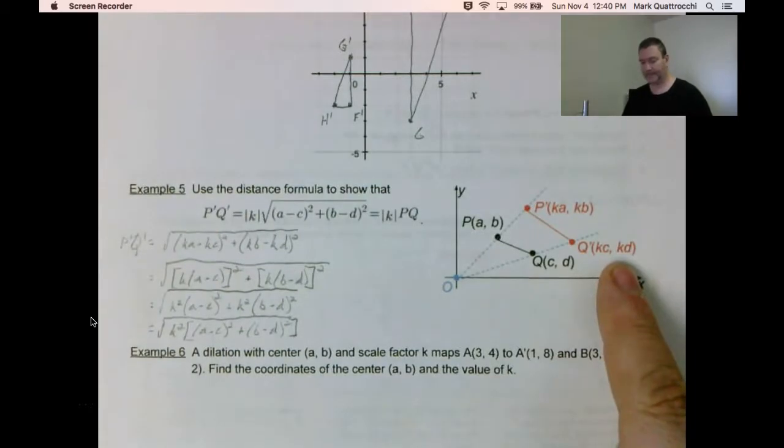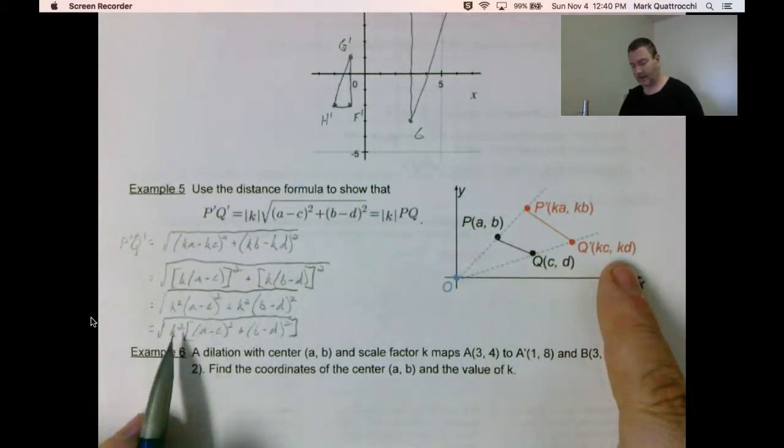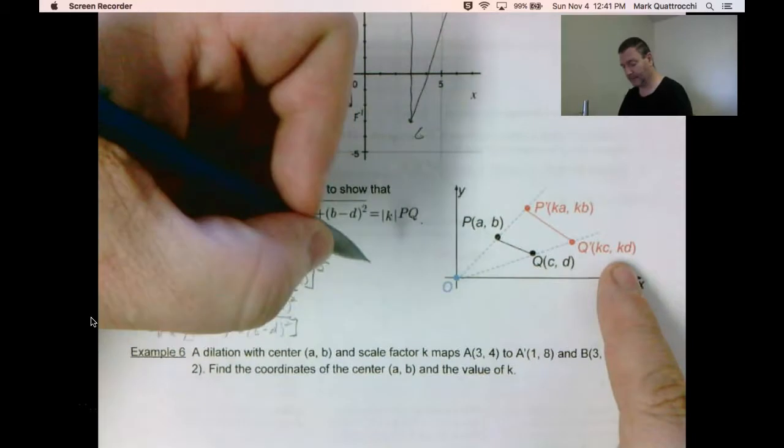Close my bracket. Okay, and just like with the exponent, I have multiplication between the k squared and this long term here. I can separate the square root into the square root of this first term times the square root of the second term.